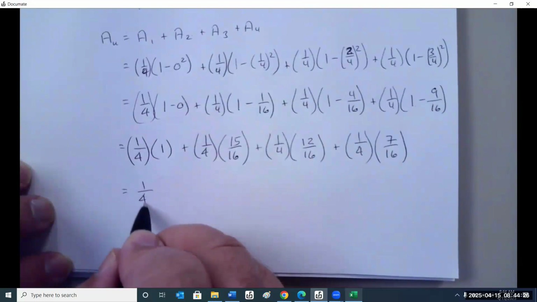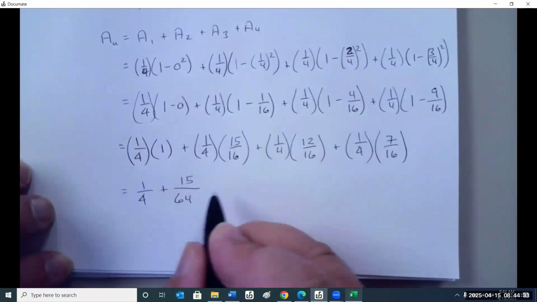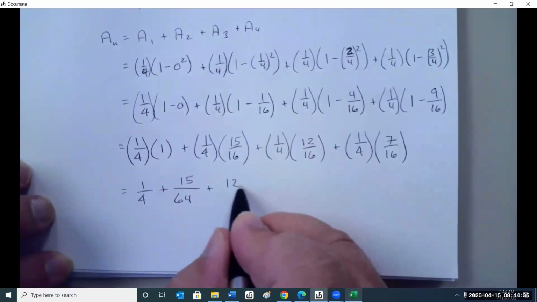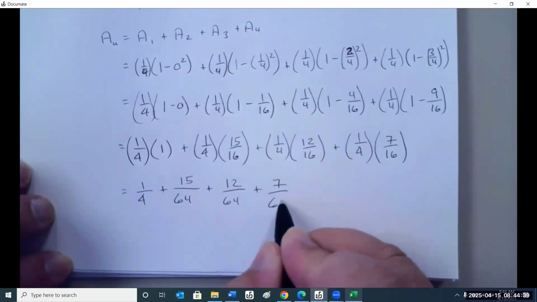One times 1/4 is 1/4. 15 times 1/4 is 15 over 64. Then 12 over 64, and 7 over 64.